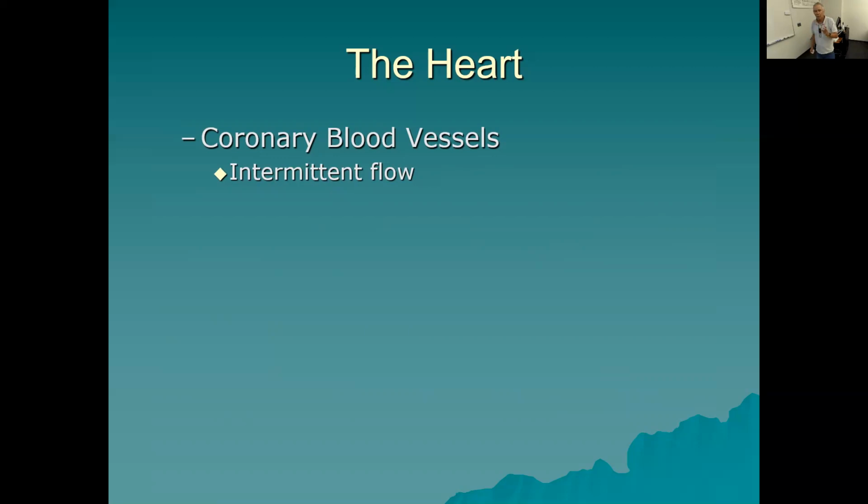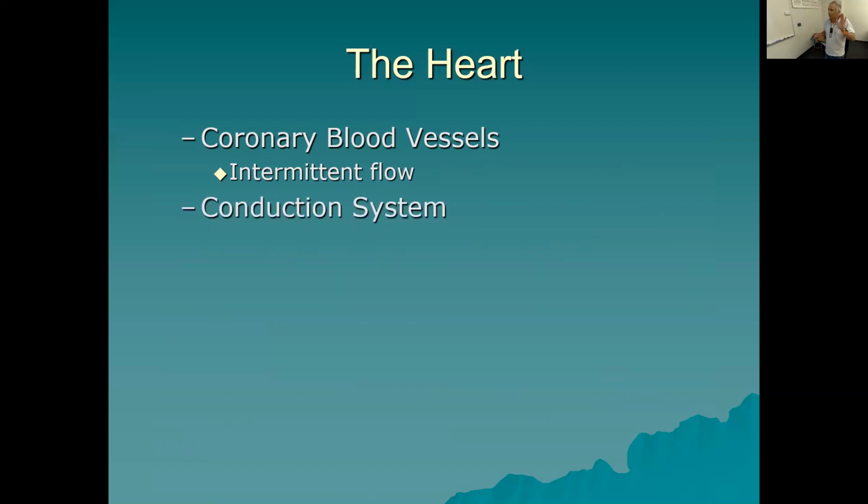Blood can only flow through them when the heart is relaxed, or in diastole. When the heart is contracted, these blood vessels are squeezed, and there's no blood flowing through them. But most of the time, your heart is in diastole, and therefore it's getting blood.